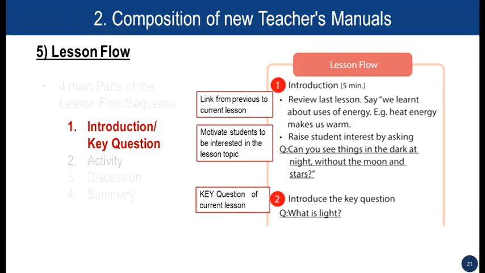For the lesson flow, we are going to look at the introduction or the key question. In the slide provided, you will see that lesson flow is indicated by numbers 1, 2, up to 4. For the introduction and the key question, it's indicated 1 and 2.